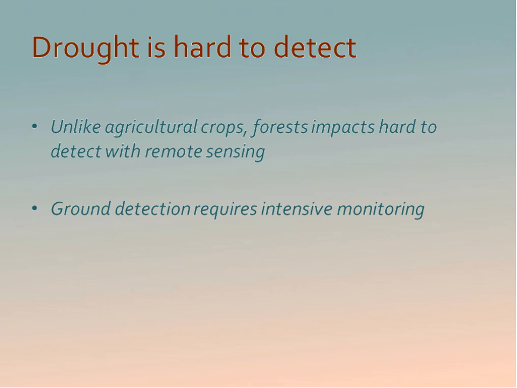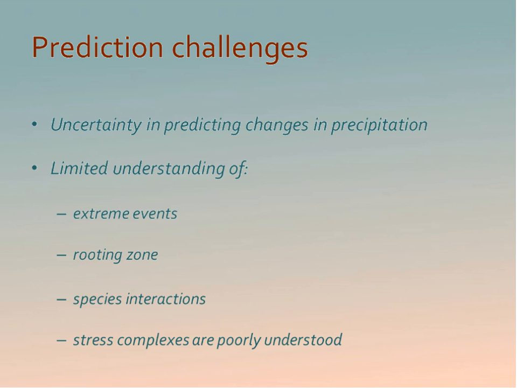So ground monitoring is intensive. It takes a lot of work. It's expensive, but that's one of the ways that we might think about getting a better sense for what the changes are that are happening now. It's not the case that we can just put more detail in models and get better predictions.